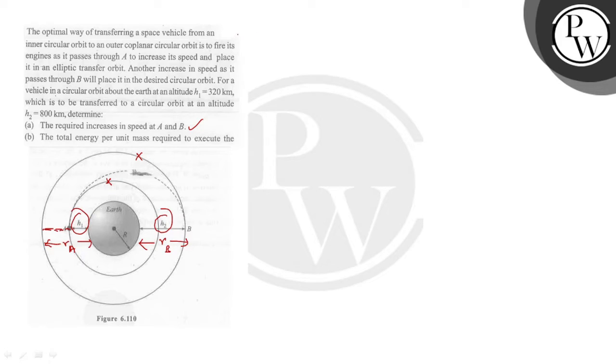So now I am going to apply conservation of angular momentum, CAM. M into RA into VA is equal to M into RB into VB. So m gets cancelled.